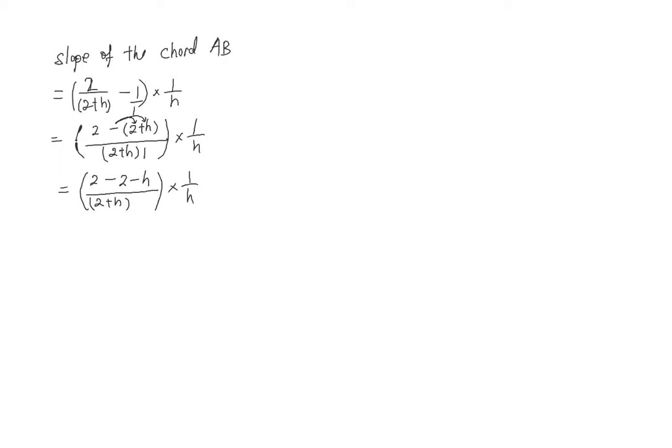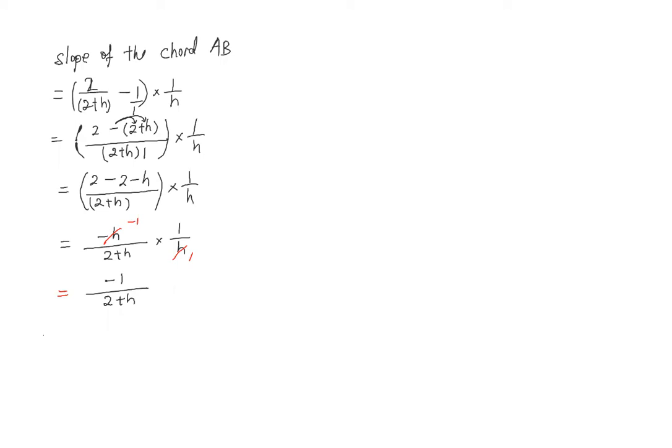So now I got negative h divided by 2 plus h times 1 over h. So I can simplify. Now my average rate of change will be negative 1 over 2 plus h.